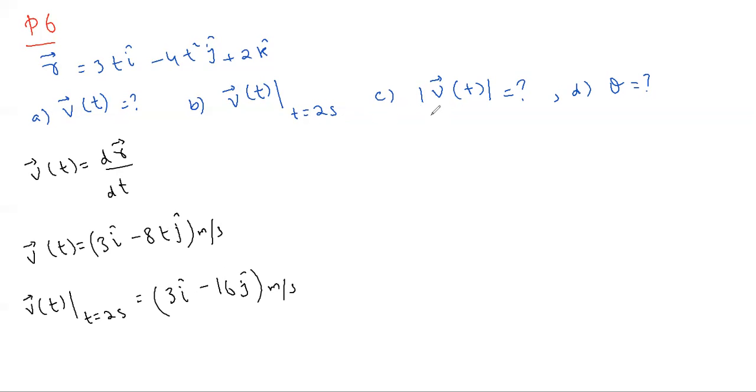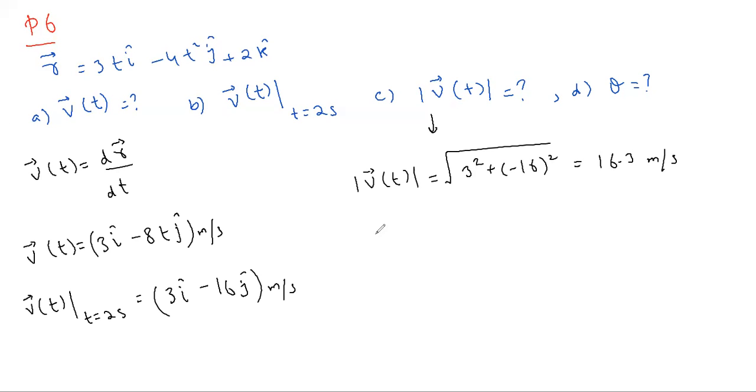So if you have to find the magnitude of this vector, you know how to do this. 3 square plus minus 16 square, and this will turn out to be 16.3 meter per second.